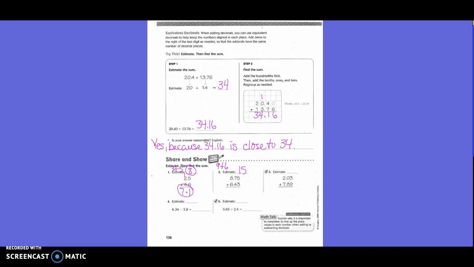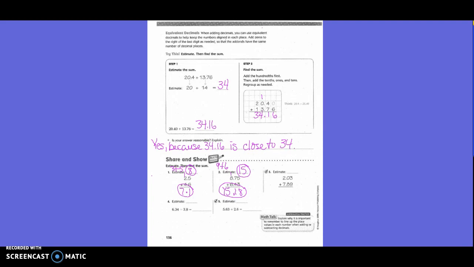Okay, what do I do first? Bring down my decimal. 5 plus 3 is 8. 7 plus 4 is 11. Put a 1, carry a 1. 1 plus 8 is 9 plus 6 is 15, so 15 and 18 hundredths. Is that close to 15, our estimate? Yes.